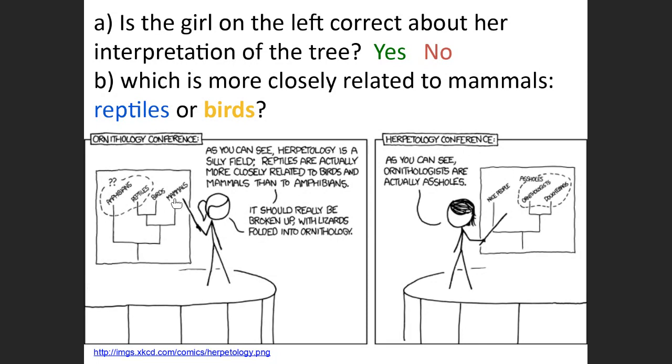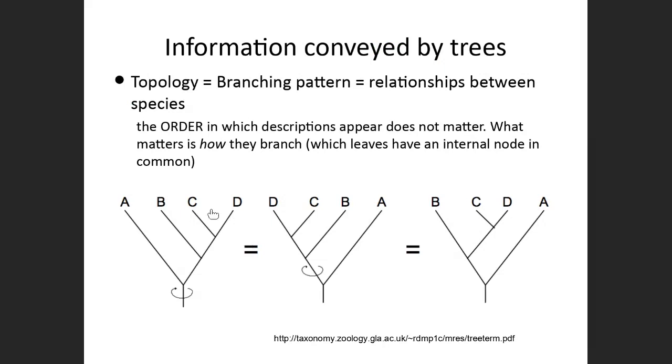So if we had swapped birds and reptiles here, then you say that the tree still has the same topology. So the topology is the relationships between these entities. I told you, compare it to a mobile, that thing that hangs above the baby's head. This is the mobile, upside down, but what you're looking at is the branching pattern, right?